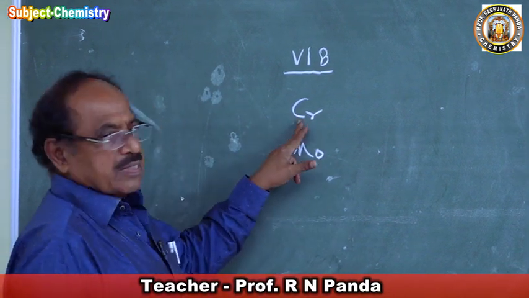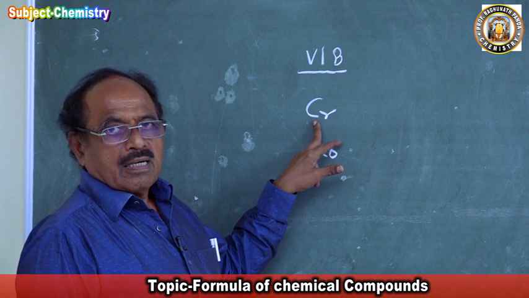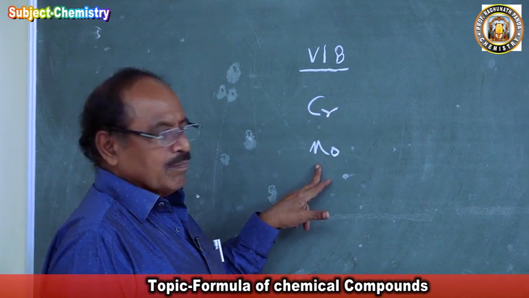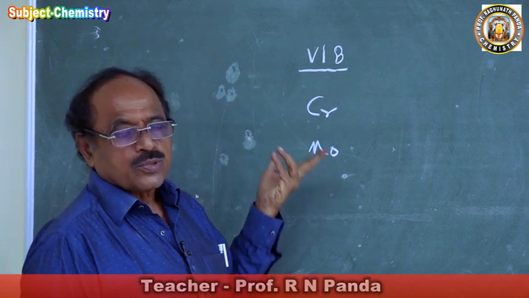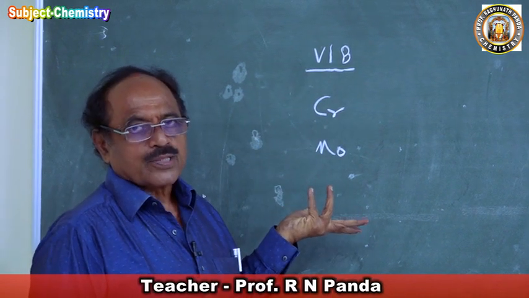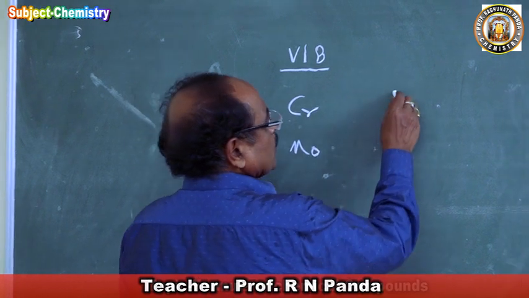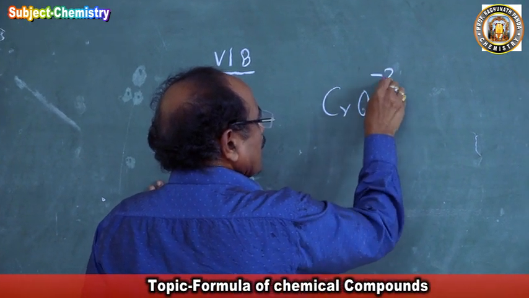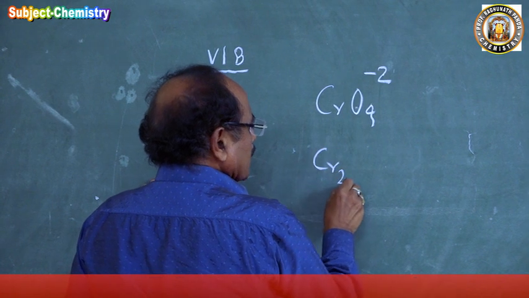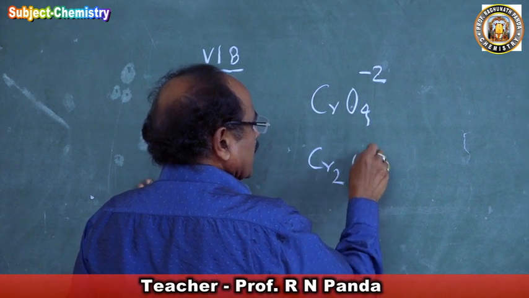Chromium is 6B, a D block element. Chromium is group 6, so the charge here will be minus 2, 8 minus 6. Chromium forms two radicals, CrO4 minus 2 and Cr2O7 minus 2.